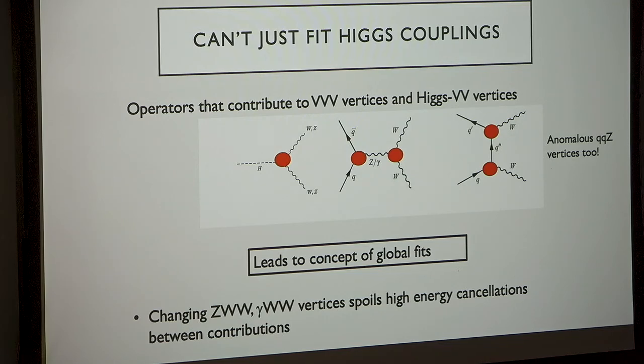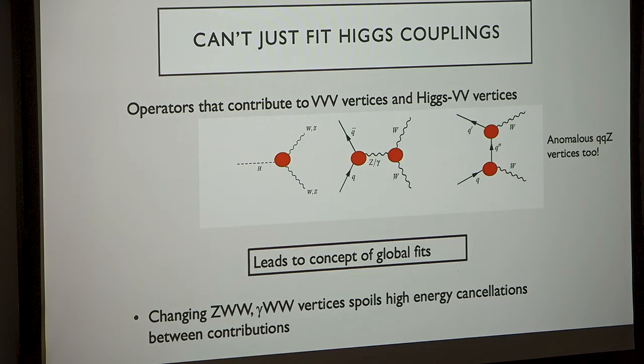So when we do the fits, we will put in all of the effective field theory operators that contribute to the process. And there are actually 7 effective field theory operators that contribute to this process. So it's the operators I wrote in the previous page that contribute to this vertex, but there are further operators, which I won't talk about for lack of time, but further operators change the QQZ vertices.